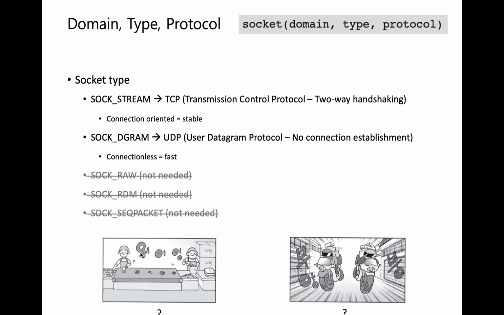But unlike in TCP, in UDP the packets' order can be changed, and the sending node will not make sure that the packets are being delivered to the destination node.